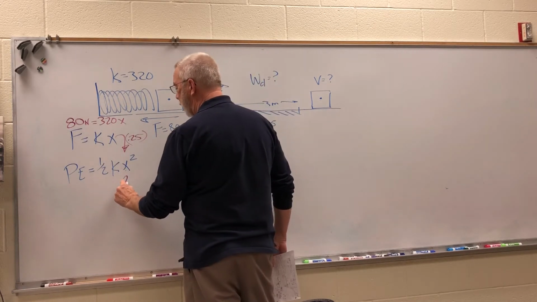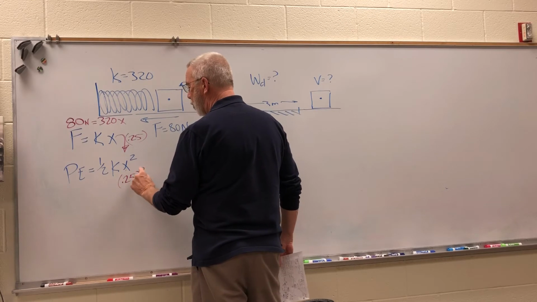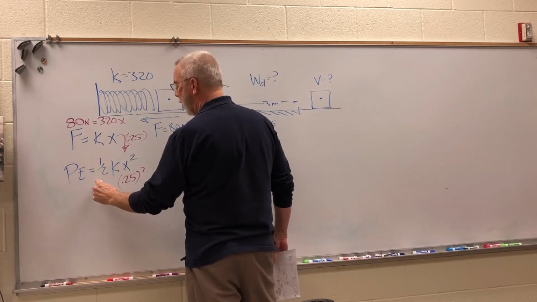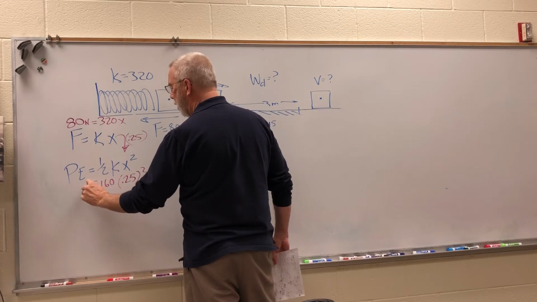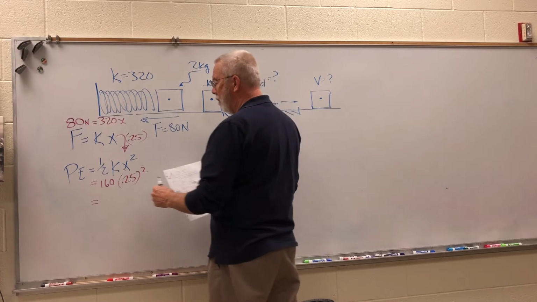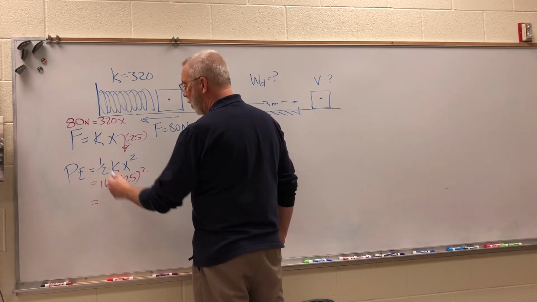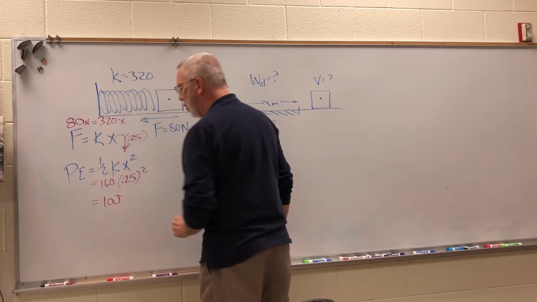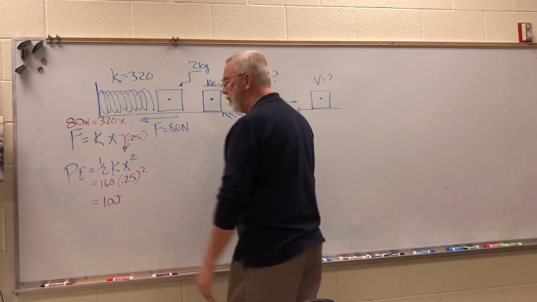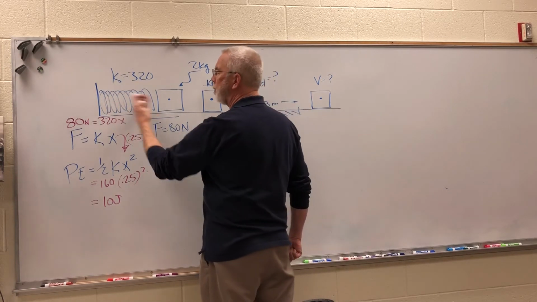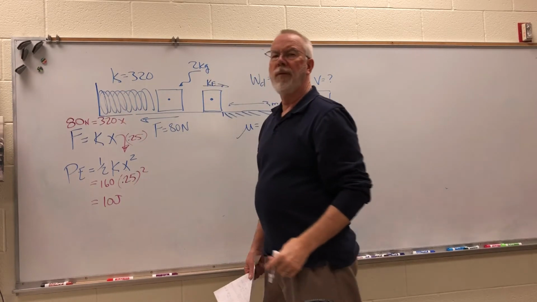So we've got 0.25 squared, and half of K, well, half of 320 is 160. And so when we do that, we're going to get the total amount of energy stored in the spring. And the answer happens to come out to 10 joules. 160 times 0.25 squared is 10 joules. So the spring has 10 joules of energy in it.